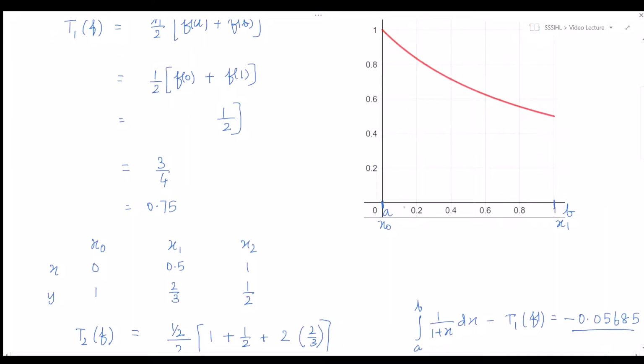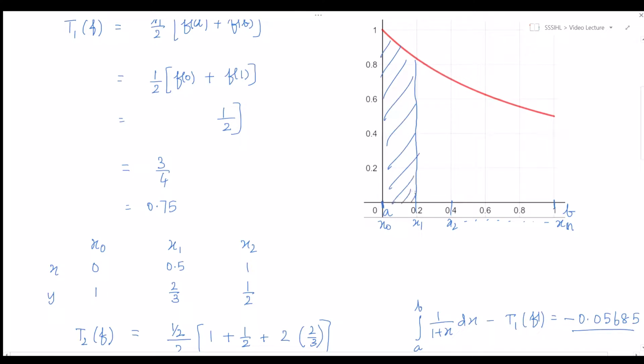So this will be our xn, and here we have x1, x2 and so on up to xn. The integral x naught to x1 f of x dx gives the area of this part.